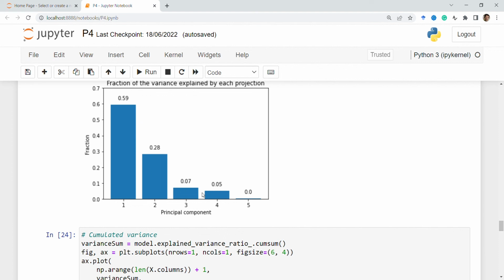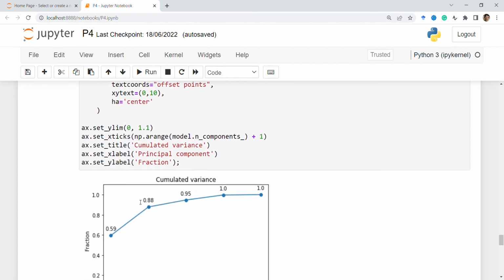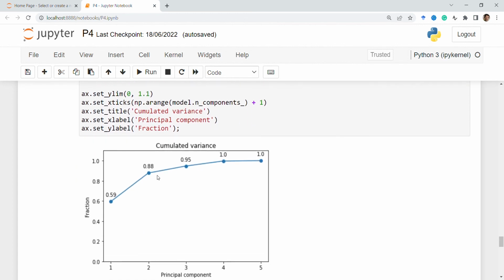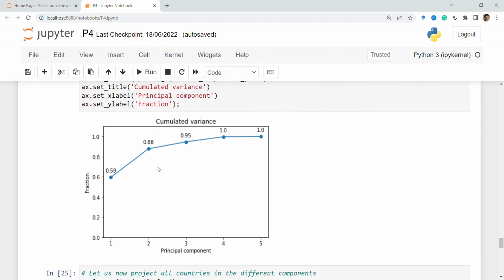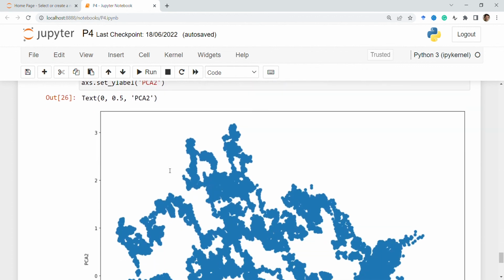With only 2 components we would be able to explain around 90% of the variability.